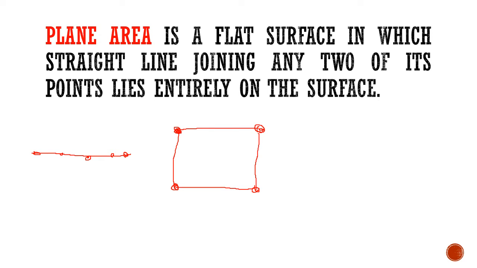Ko-connect lang natin. So, we ended up with a figure. And this closed figure that lies on the surface, this particular space, is called the plane area. So let's move to our example.